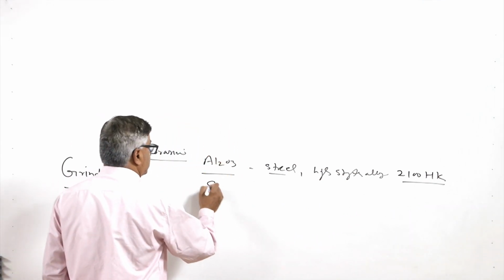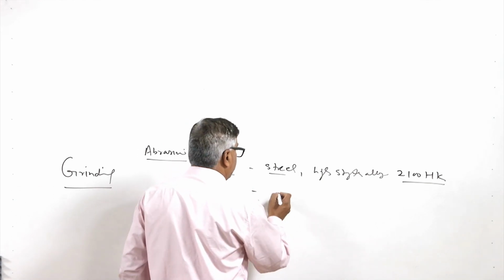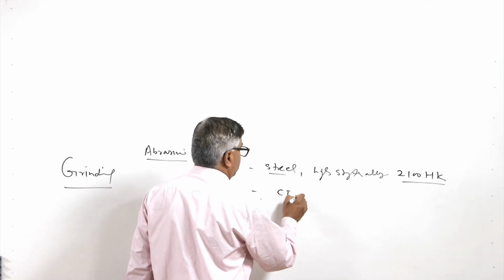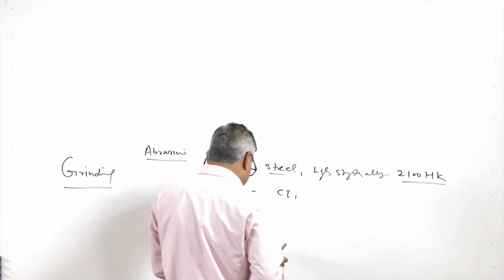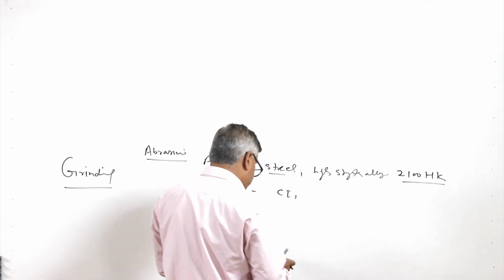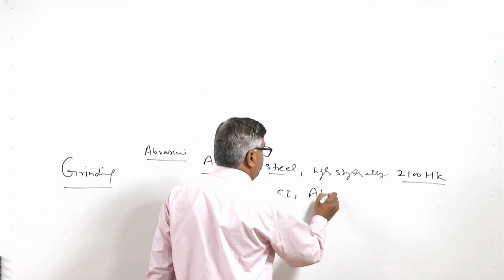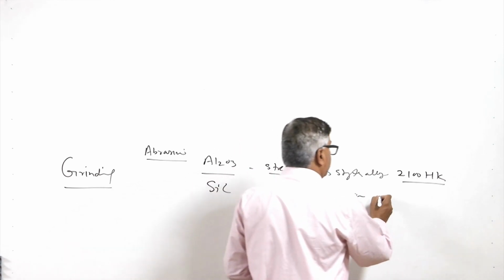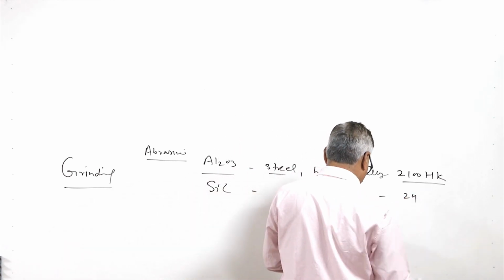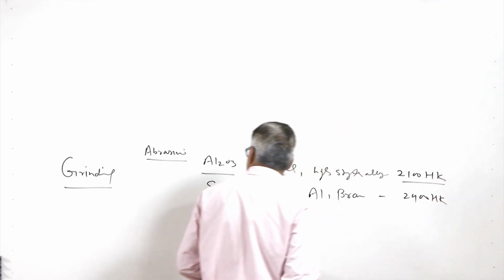Another one is silicon carbide, which is mainly used for cast iron, cemented carbide, ceramics, aluminum and brass kind of metals, and its hardness is 2400 HK, the Knoop hardness.